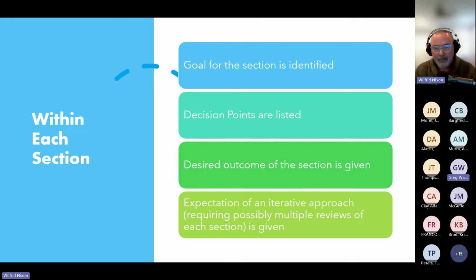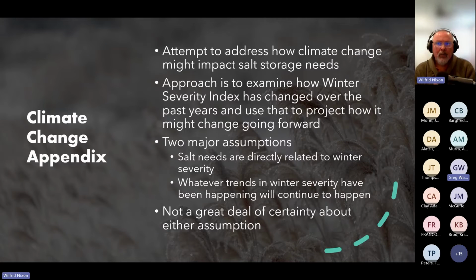So we did put together, at the suggestion of the panel, an appendix that dealt with how you might consider climate change impacts on your storage needs. We've called this an attempt because there is significant uncertainty on how this might happen.